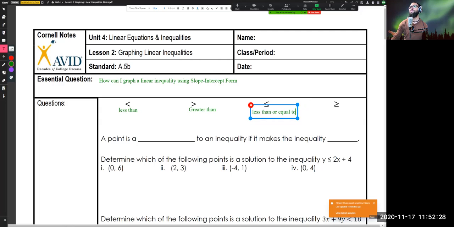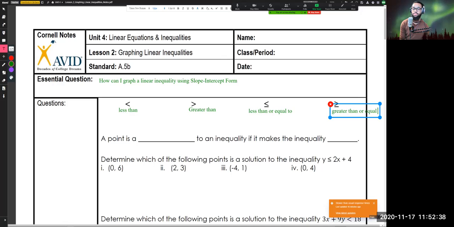And this one here is going to be greater than or equal to. All right. So that's just a quick little reminder of what these signs mean.